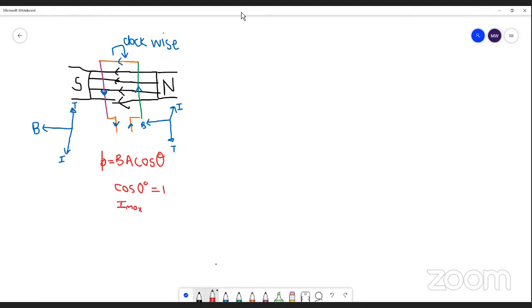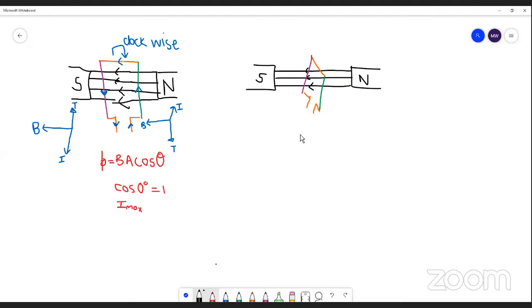If, on the other hand, I have this system where my coil moves and it is perpendicular, like over here, and we use Faraday's law, we know that cosine of 90 degrees is equal to 0.